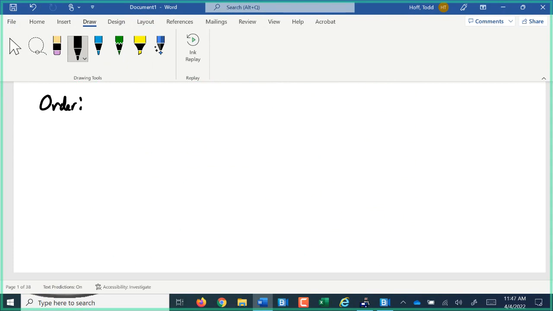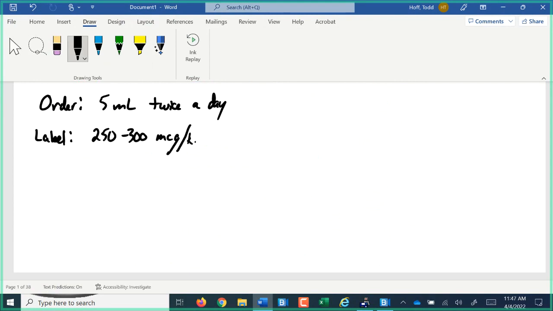Our order here is for 5 milliliters twice a day. Label: 250 to 300 micrograms per kilogram per hour, with a concentration of 5 milligrams in 2 milliliters.